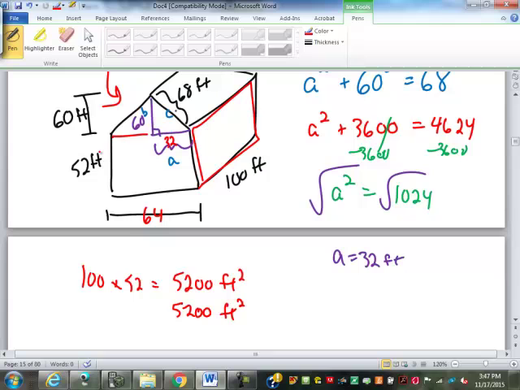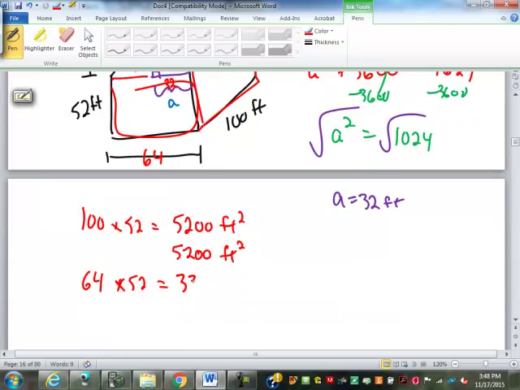Or the left side, if you want to call it that. Then the front here is 64 by 52, which is 3328, yep. And there's another one of those. Front side and then the other end.